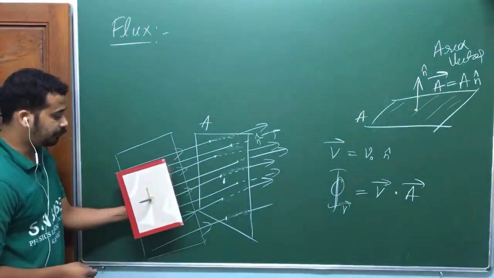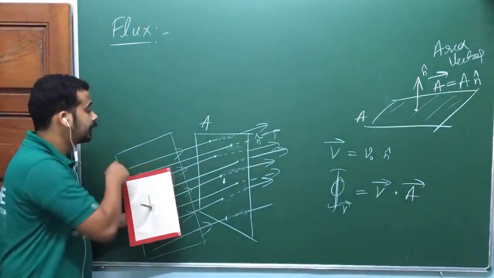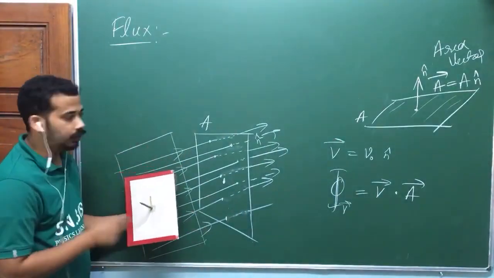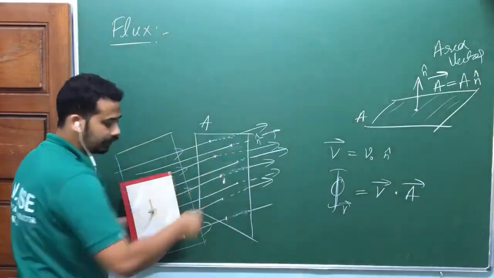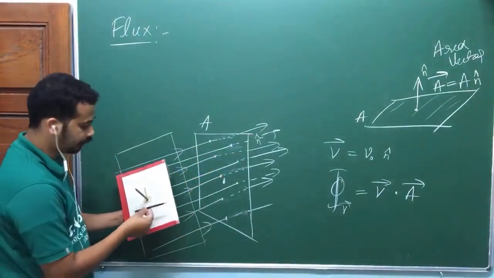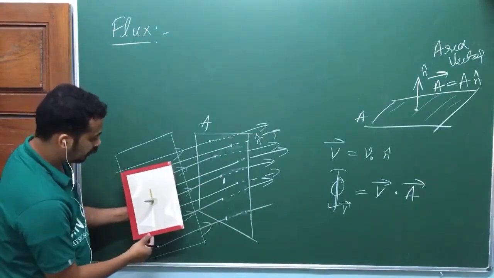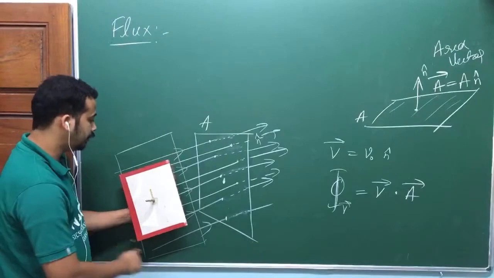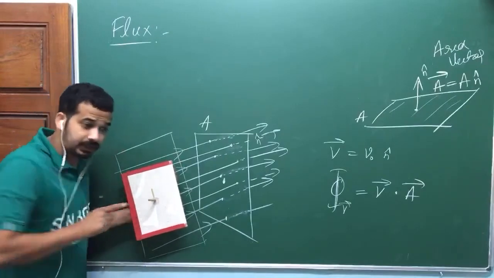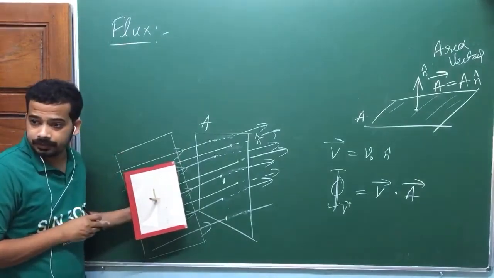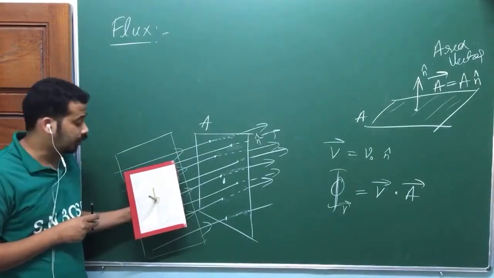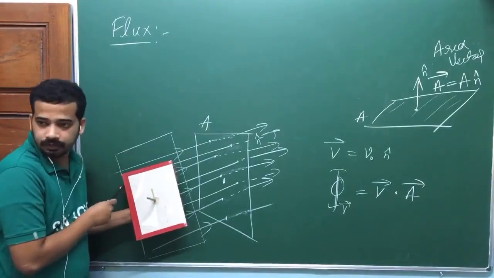If that area is parallel to the vector field, you have vector fields like this. Your area is parallel, but the area vector is perpendicular, isn't it? In that case, our flux, or the number of field lines passing through this one, is 0, isn't it?